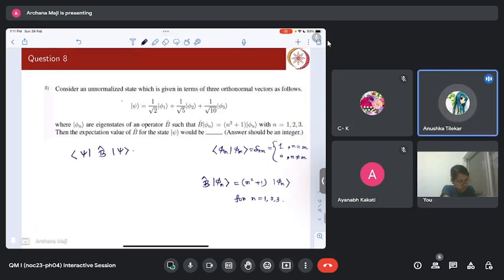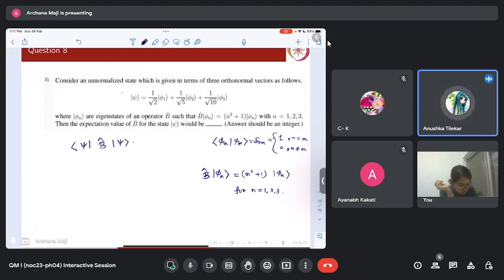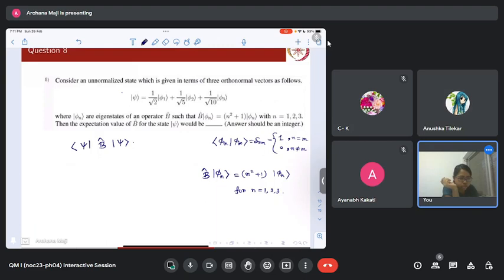It is given that it is unnormalized. If we take it as it is, then the answer is 3. But that would be wrong, right? Because we first have to normalize it. Yeah, exactly. Then I just saw the answer given was 3, so that's what I told. I haven't solved it myself. Okay, let's do it then. So then the expectation value would be psi.